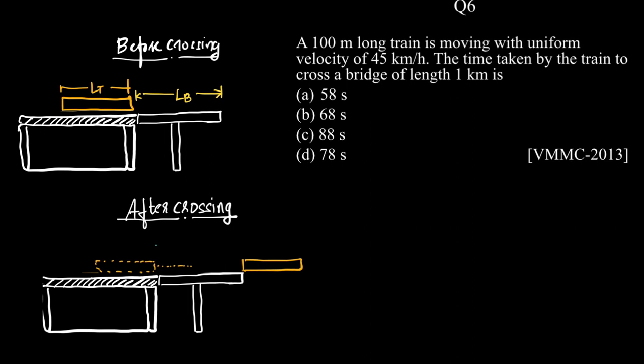Now, how much is this distance? This is the length of the bridge. And how much is this distance? It is the length of the train, right? So the train was in this position when it has crossed the bridge. It is not the initial line that it should pass.